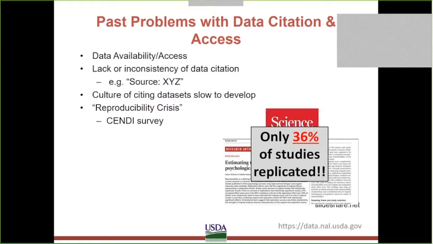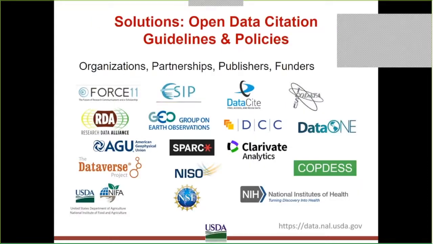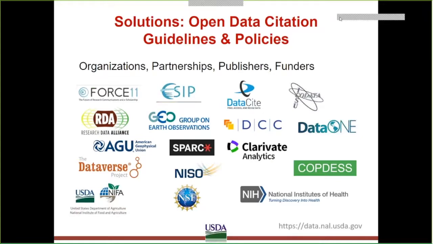But all this is changing as stakeholders are demanding better, more open practices in data sharing and citation. And here is a constellation of some of the key players and solutions providing formalized standards and guidelines around open data citation.